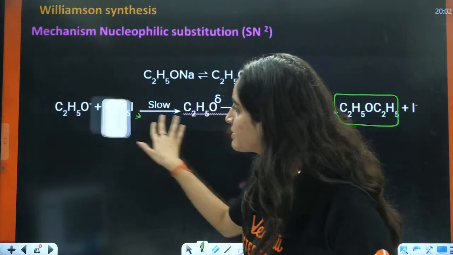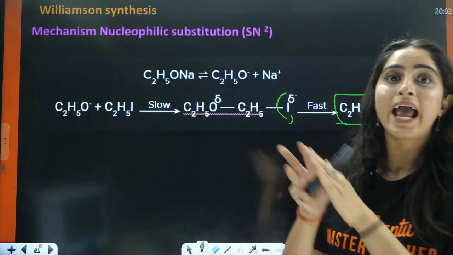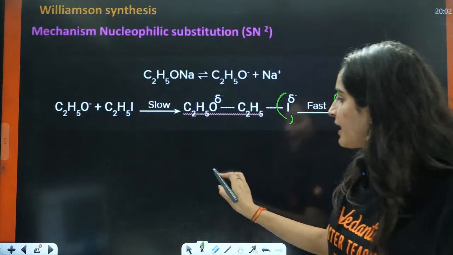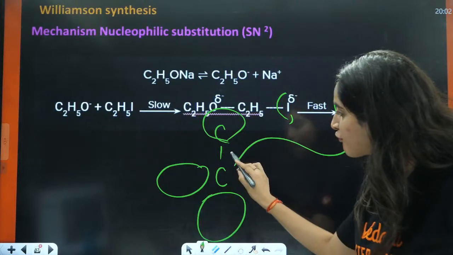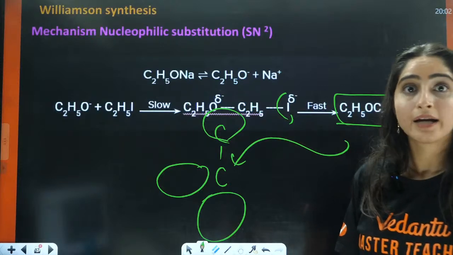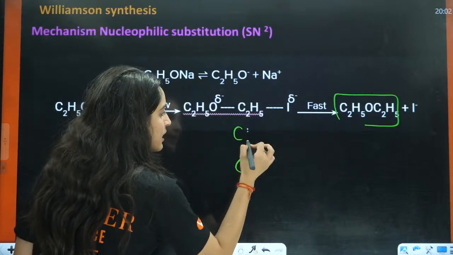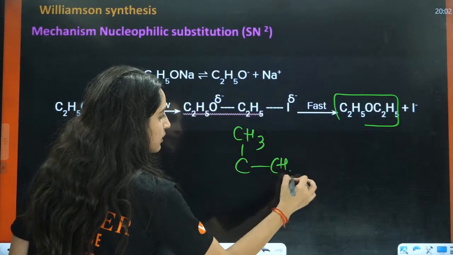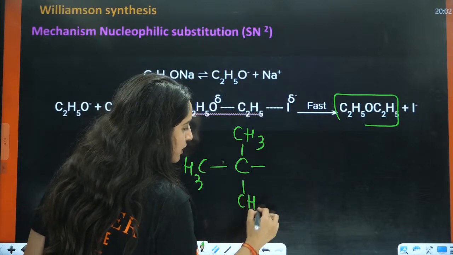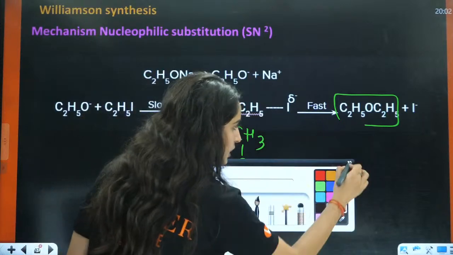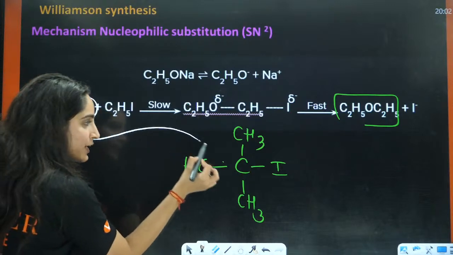The reason is this mechanism. Because students, as you can see here, this alkoxide is going to attack on the alkyl halide. So if the alkyl halide is very sterically hindered, then it is very difficult for the alkoxide to attack. For example, as you can see here, this is C, this is CH3, this is CH3, this is CH3, this is I. Now, when this alkoxide has to attack here, it will attack from this side.